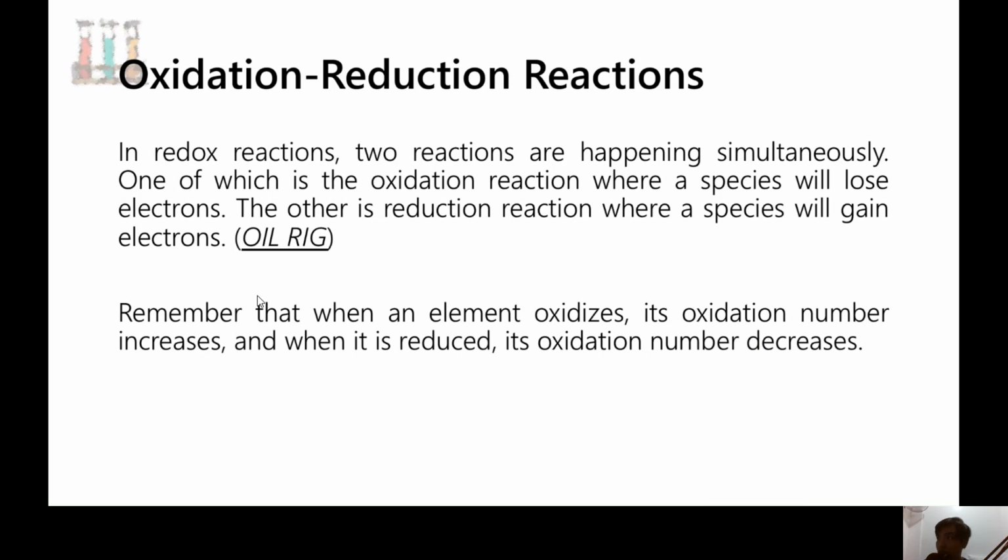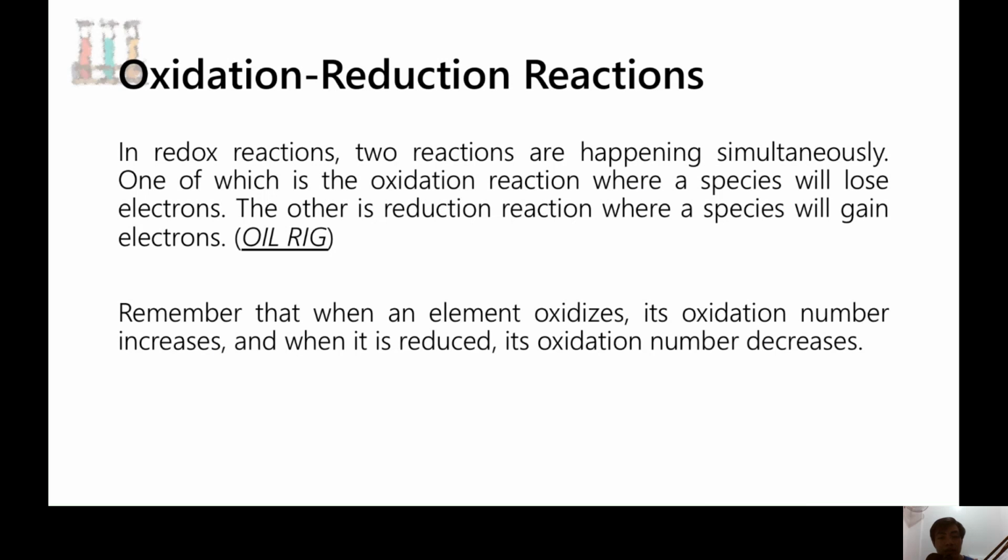For you not to be confused, let's use the oil rig instead. Oxidation is losing, reduction is gaining electrons. And we should take note that whenever the atom is oxidized, its oxidation number increases. So mas lalo nagiging positive yung kanyang oxidation number. That's one indication that it underwent oxidation reaction.